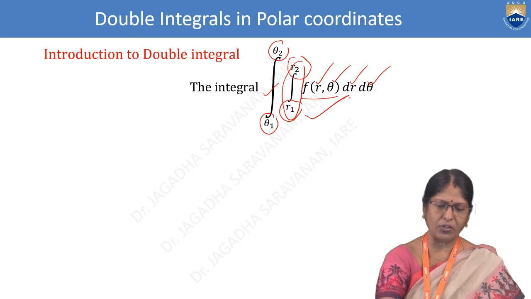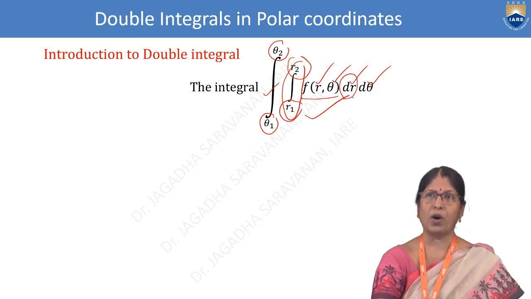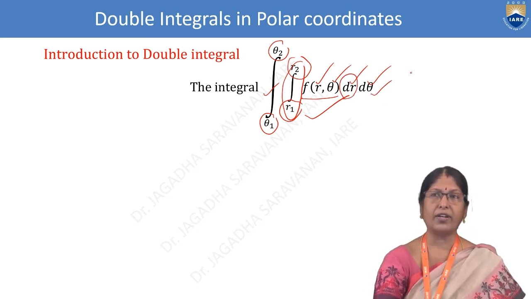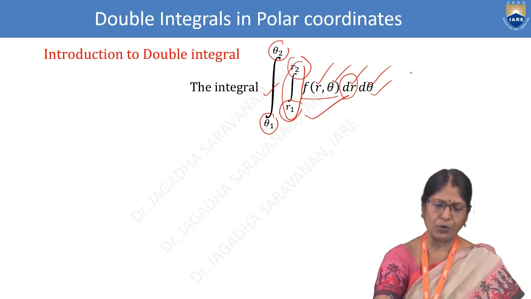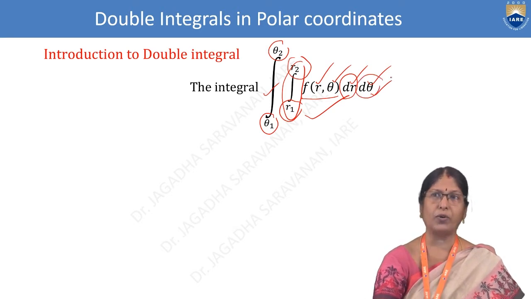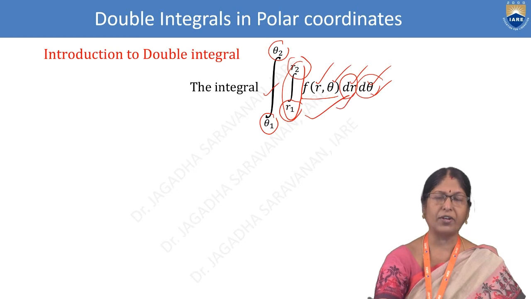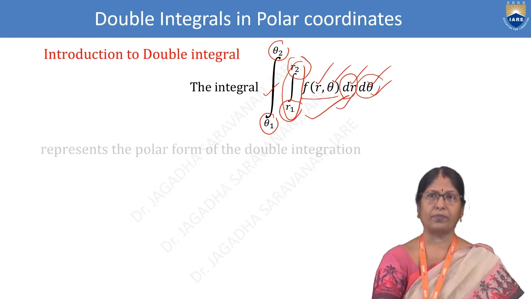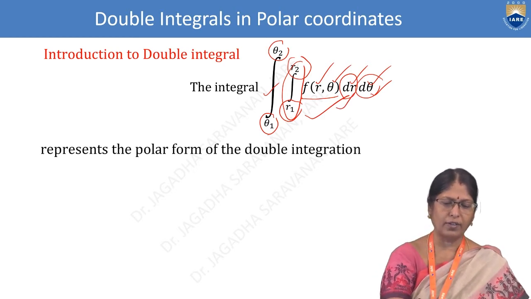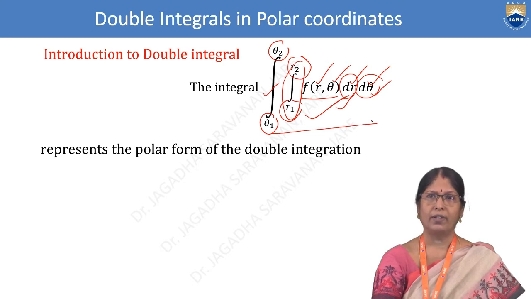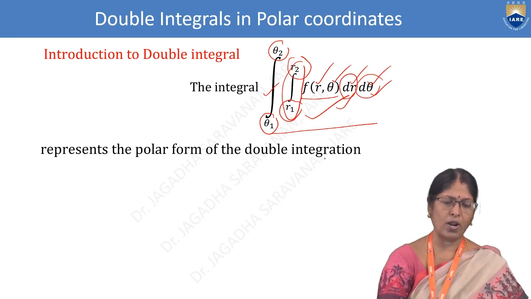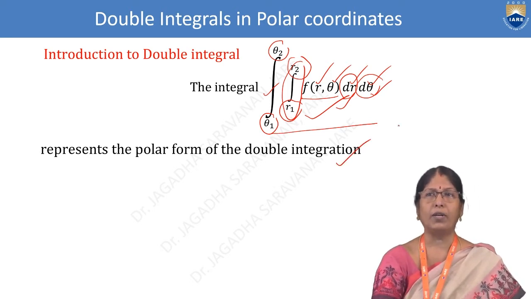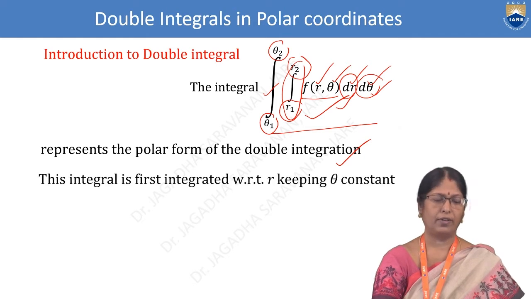When we are integrating with respect to r, theta is treated as constant. If we integrate with respect to theta, r is treated as constant. This formula represents the polar form of the double integration.